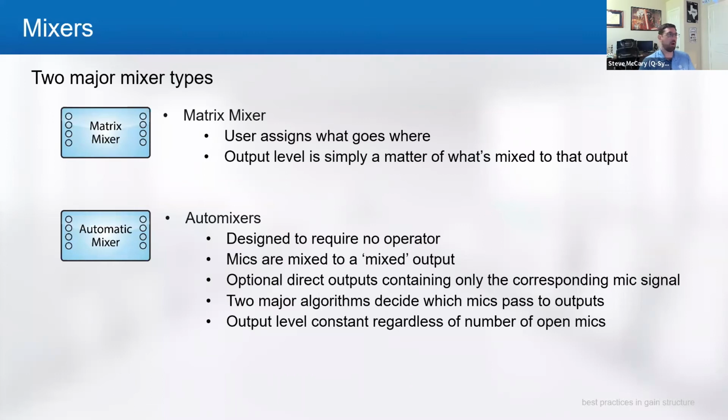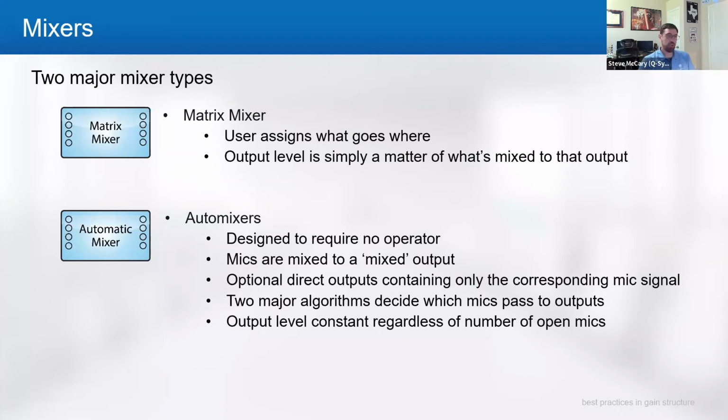If you are looking for something that doesn't need an operator, where microphones are getting mixed to an output, you will want to look into an auto mixer because the output level remains constant regardless of the number of open mics. If you've ever tried to run mics through a matrix mixer and you have 3 or 4 microphones get open at the same time, you will notice that they just get really loud because you're essentially doubling the input that comes in as everybody opens a mic.